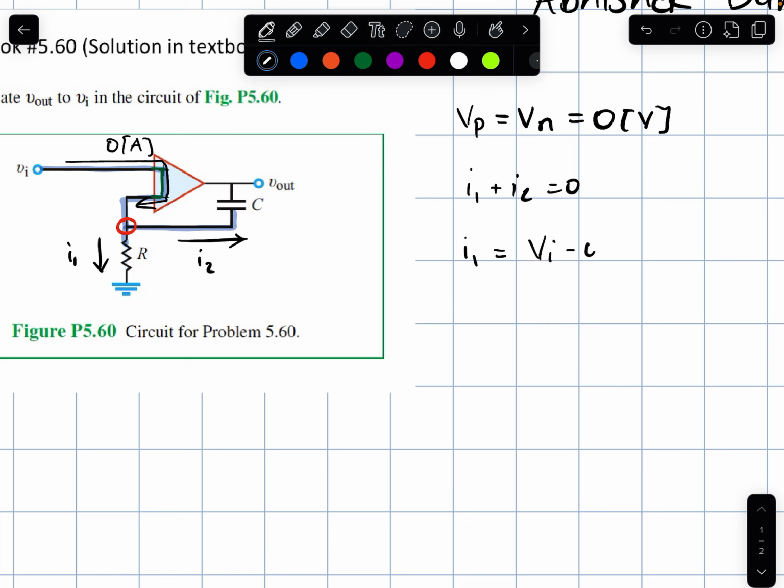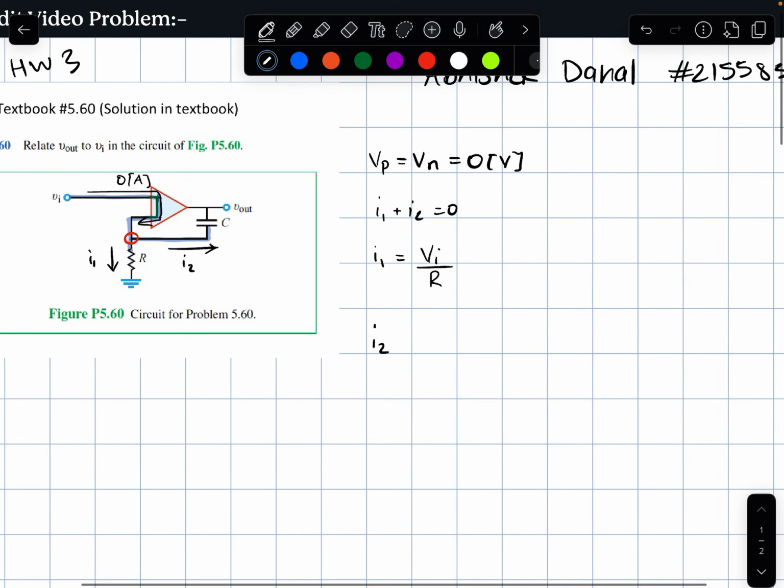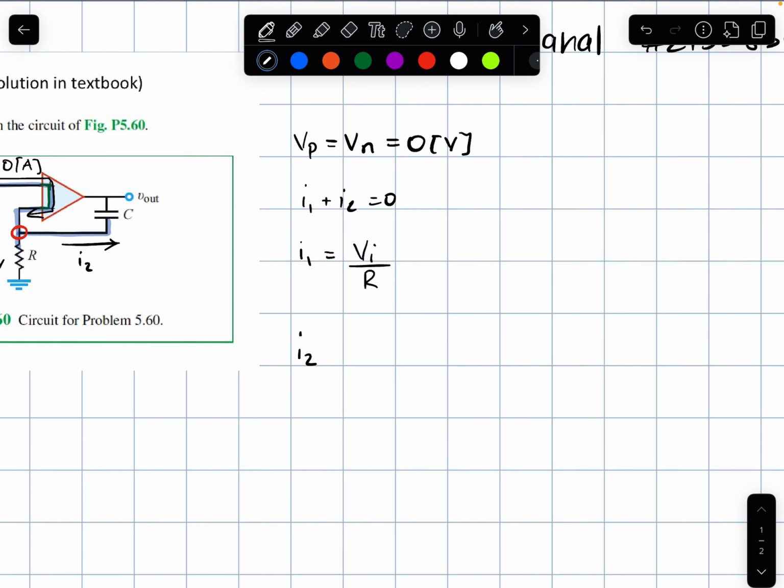That's for I1. And then to define I2, it is the current across the capacitor. This one's a little harder. So the equation for current across the capacitor is IC equals the capacitance times the derivative of the voltage across the capacitor.